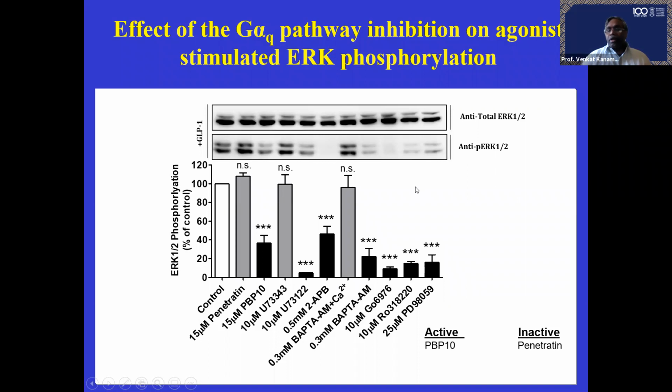Just to make sure that they are specific, we also used controls, which are the inactive forms of the various inhibitors we used. For example, U73343 is an inactive form of U73122. When we used inactive forms of the inhibitors, we don't see any effect on internalization or ERK phosphorylation, indicating that the inhibitors are specifically acting on the internalization.